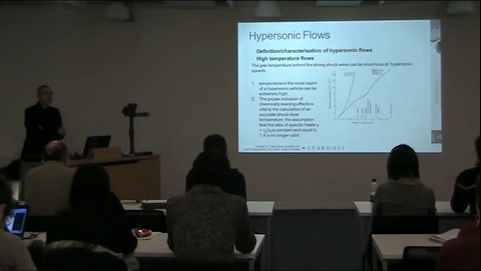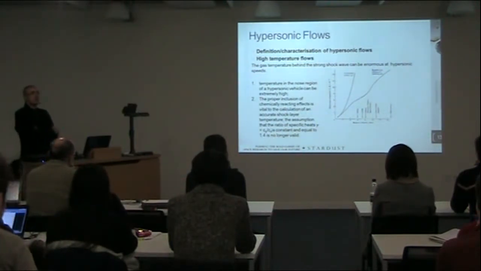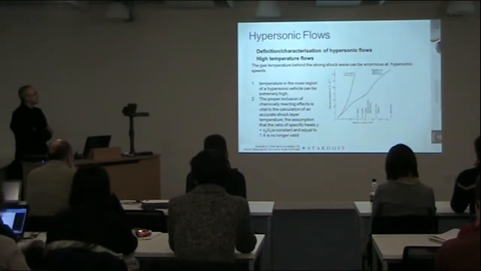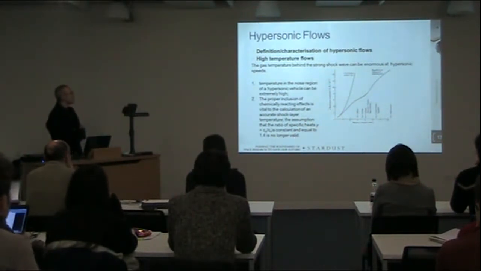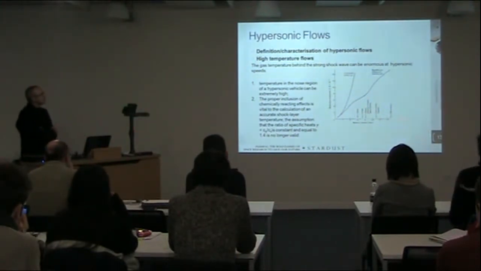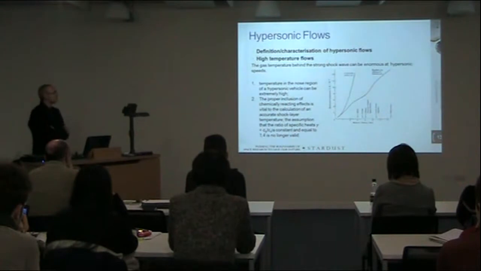This is what happens in the viscous layer, but we also have high temperatures behind the shock wave. In the shock layer, after the shock wave, the temperature could be extremely high, and depending on how we model the fluid, we can have different temperatures.